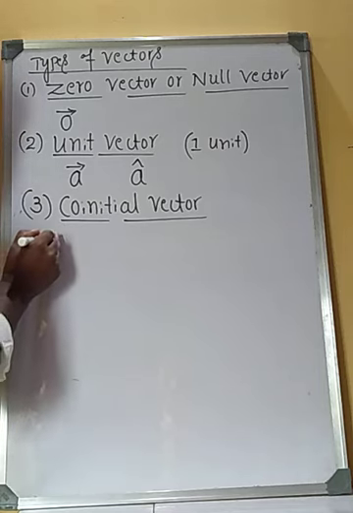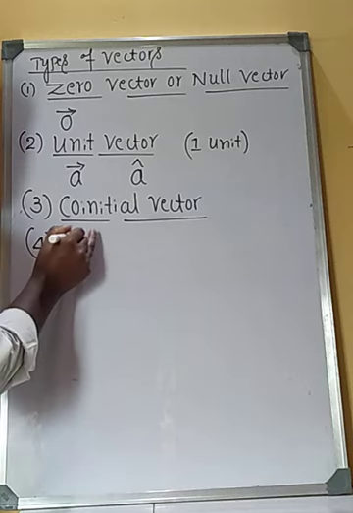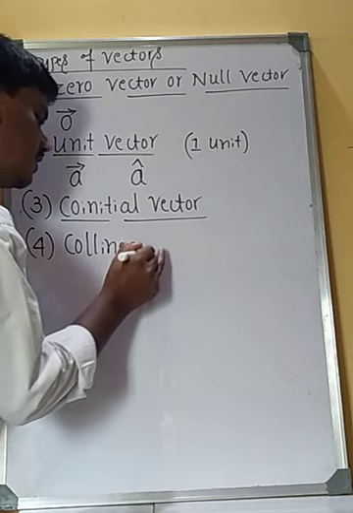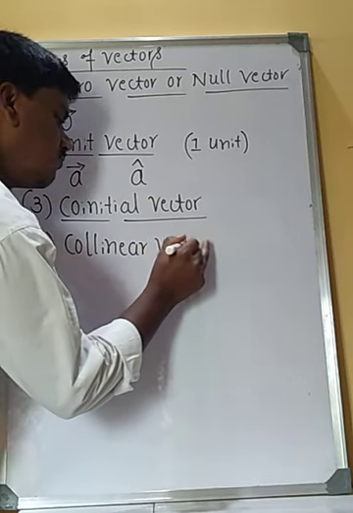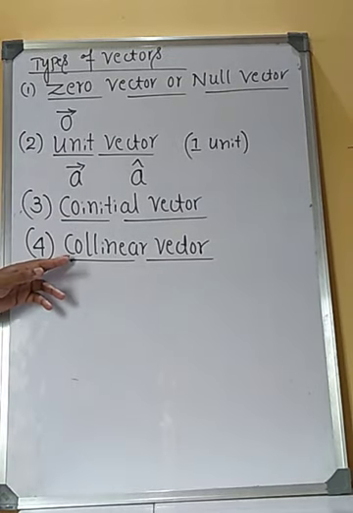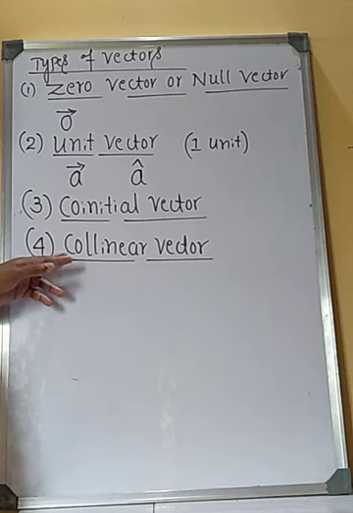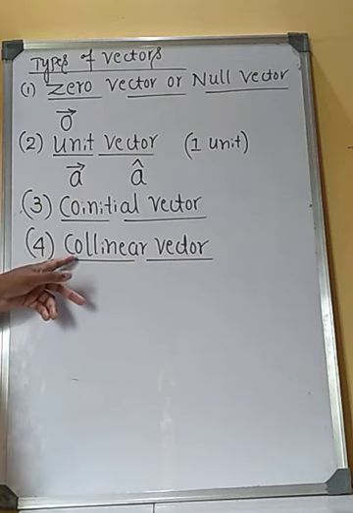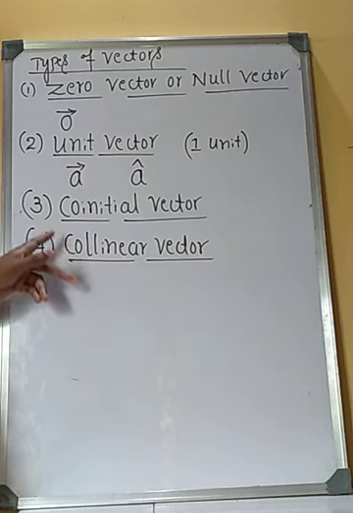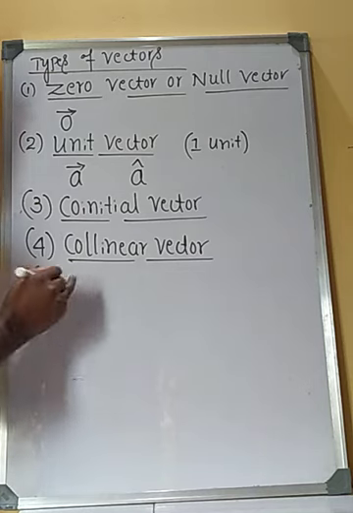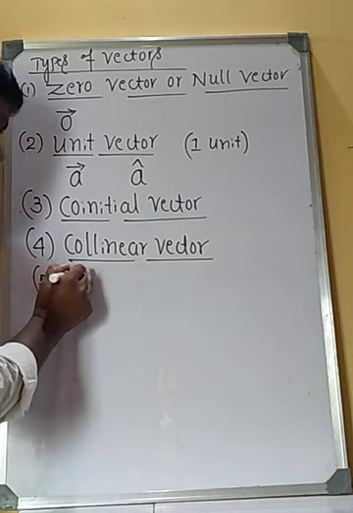The next, fourth one, collinear vectors. Two or more vectors are said to be collinear vectors if they are parallel to the same line. The next, fifth one, equal vectors.